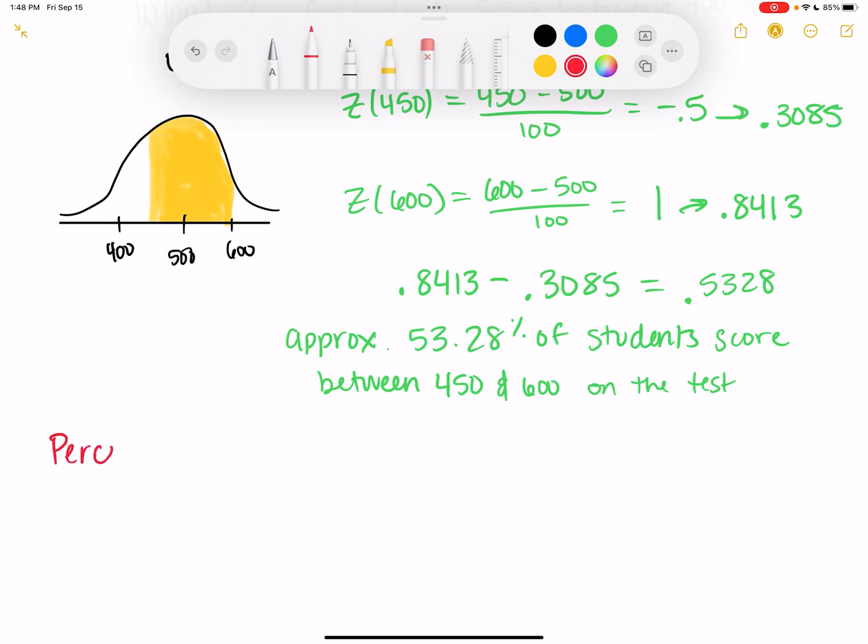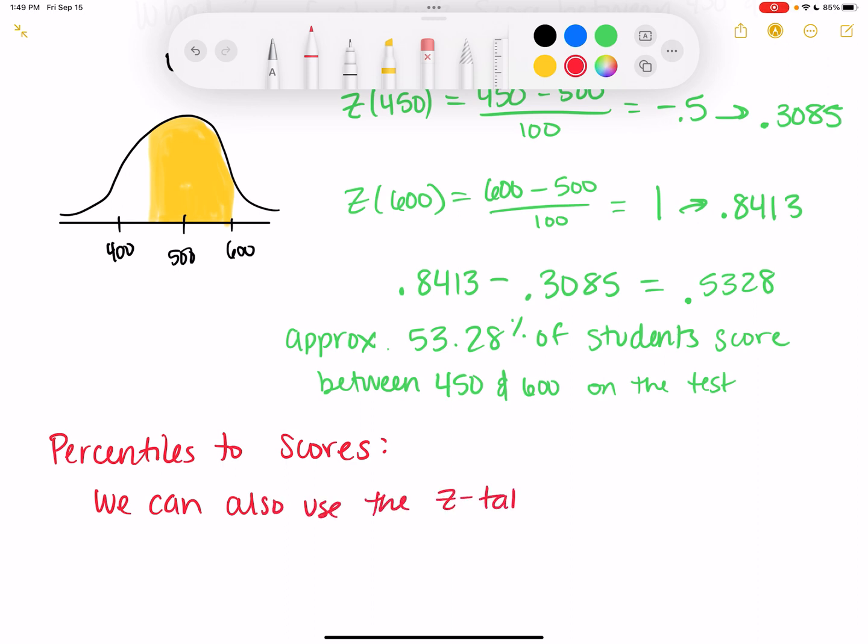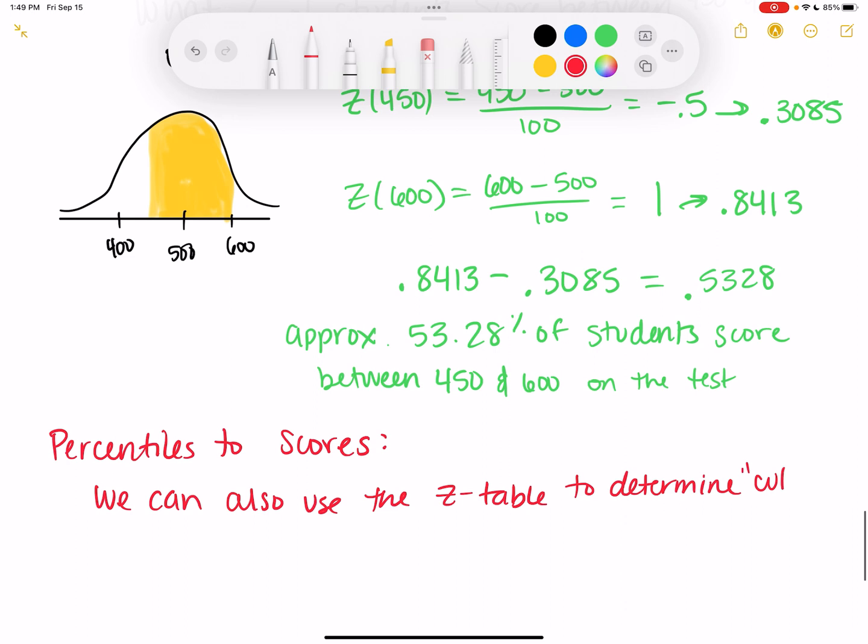Percentiles to scores. So we can also use the z-table to determine what we call cut scores for specified percentiles.